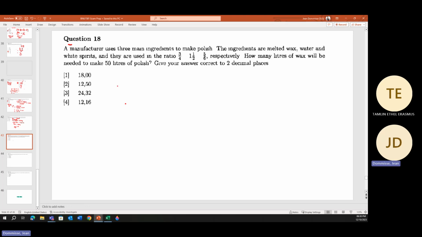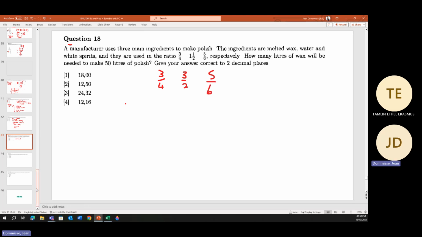Okay, question 18 in this one. A manufacturer uses, this looks so familiar to the one we did last time. A manufacturer uses three main ingredients to make polish. The ingredients are melted wax, water, and white spirits, and they are in a ratio 3/4, 1.5, so let's call it 3/2, and 5/6. Interesting.